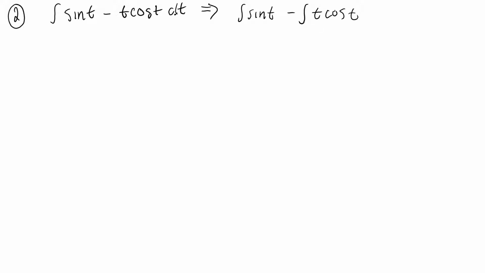Here's where we'll be using the by parts. So the first integral is pretty straightforward, just the integral of sine, which is just negative cosine plus c. And now we move on to the by parts. Remember that by parts is u times v minus integral v times du.